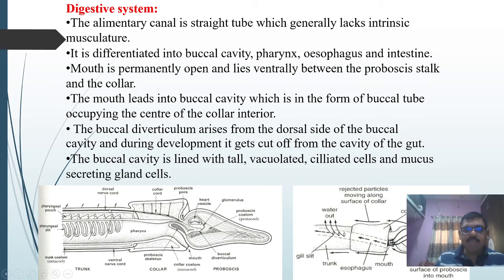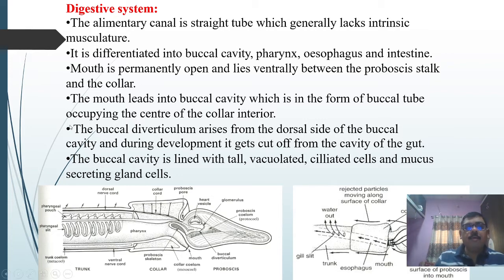This system starts from the mouth. The mouth leads into the buccal cavity, which leads into the pharynx, then the esophagus, and next to this is the intestine. And the last part is called the anal opening, or anus.